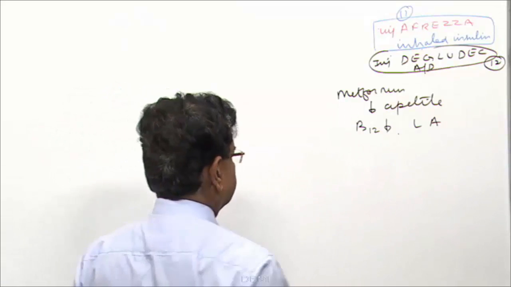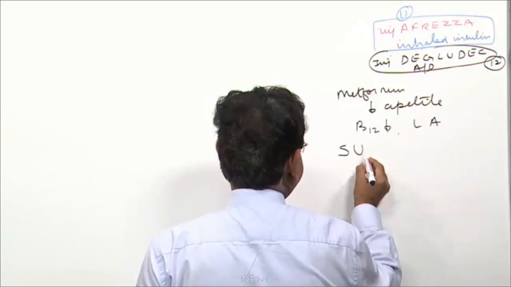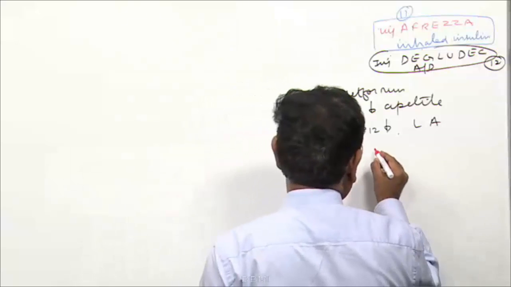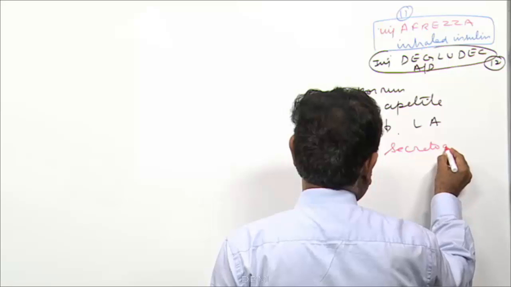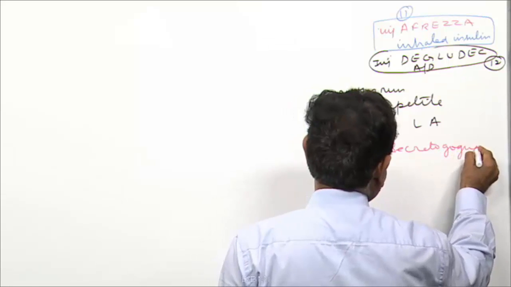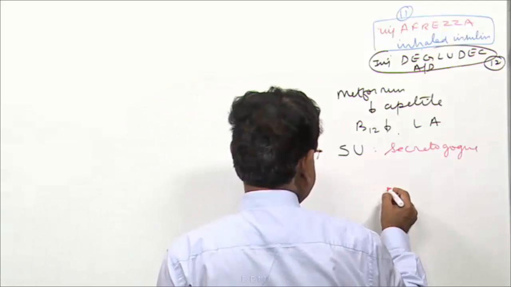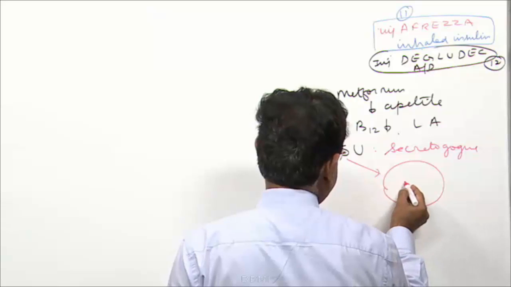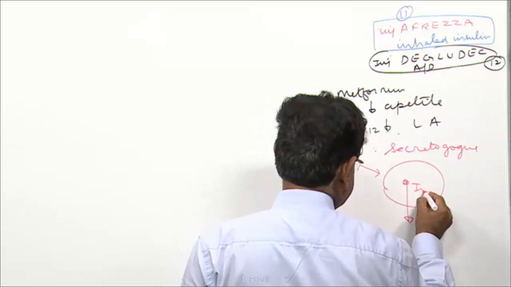Then we have sulfonylureas, well known to you. They are insulin secretagogues. What do you mean by secretagogue? Because they go to the pancreas and they cause release of preformed insulin.